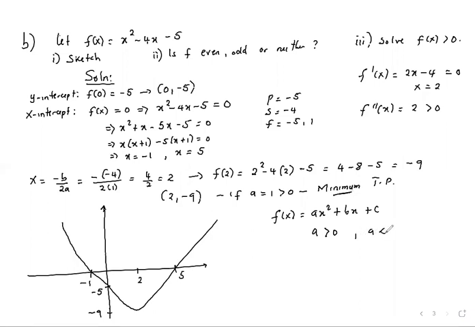Should a be negative, the point you get will be called the maximum. Is that okay?